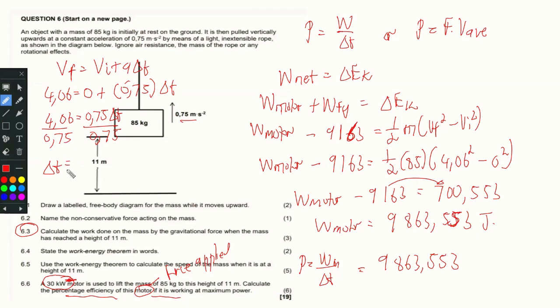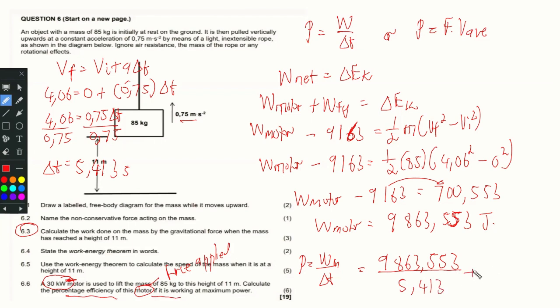So let's punch that into our calculator. 4.06 divided by 0.75. So this is a true 6-mark question. 5.413 seconds, right? And then we can just use it here. 5.413.